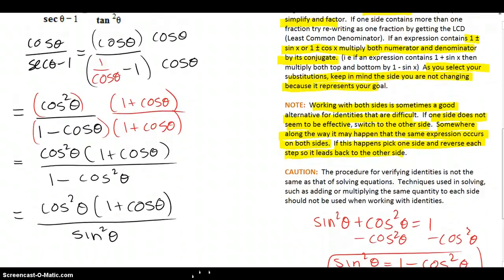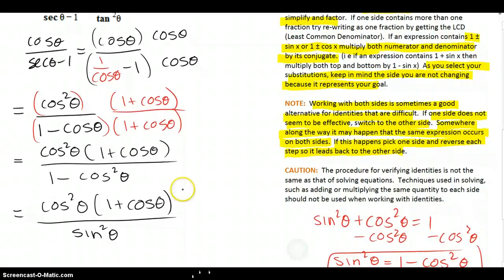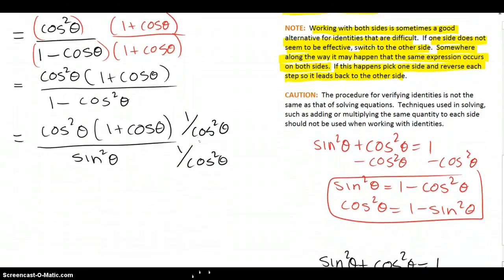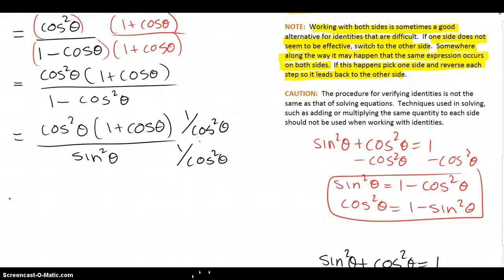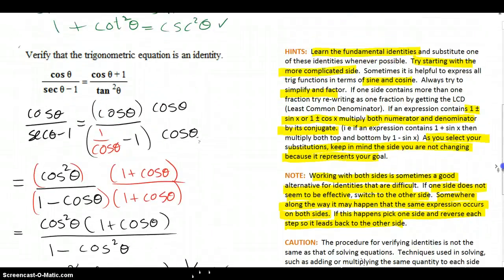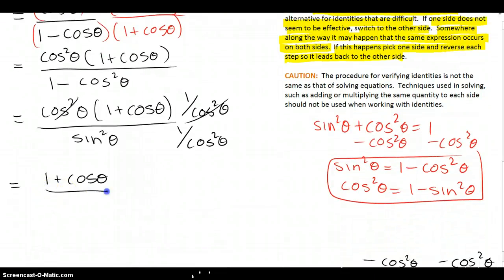What we're going to do is say, okay, I need to get rid of that cosine. So I'm going to do something kind of clever. I'm going to multiply top and bottom by 1 over cosine squared of theta. So what does that give me? If I scroll down one more time, that gives me that the cosines here cancel in the numerator, so we get the 1 plus cosine of theta. And one of the reasons I did this, because that's all we have in the numerator is cosine of theta plus 1, so we can switch that around at any time.